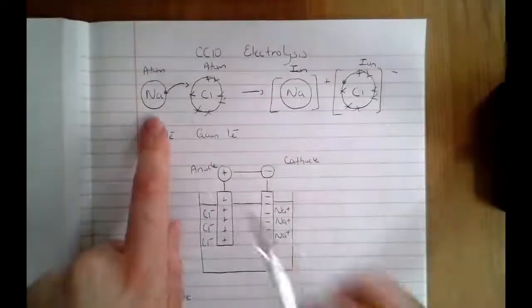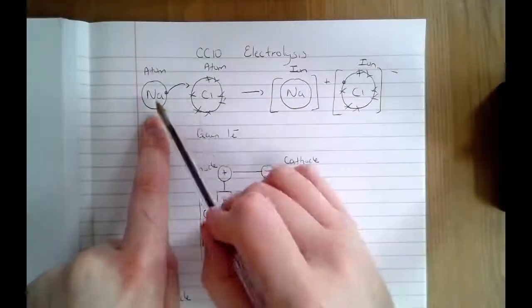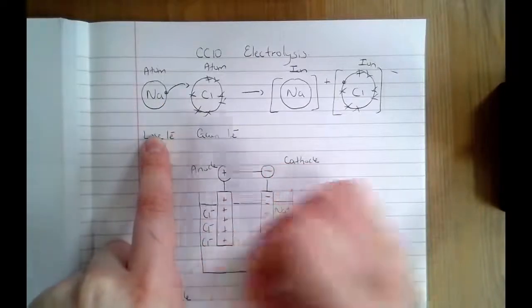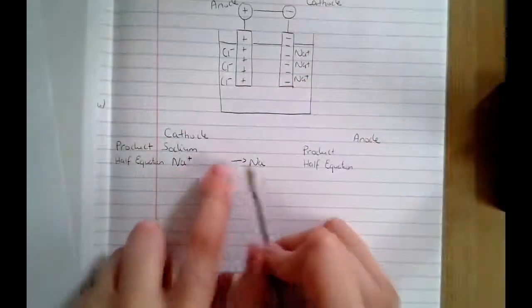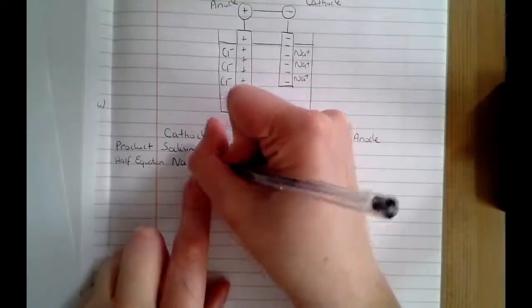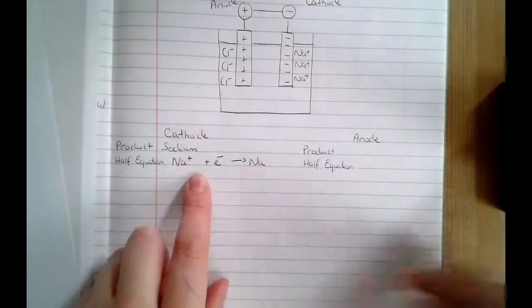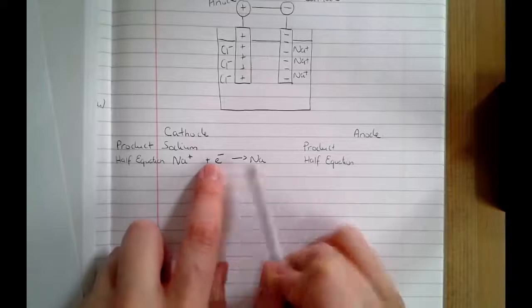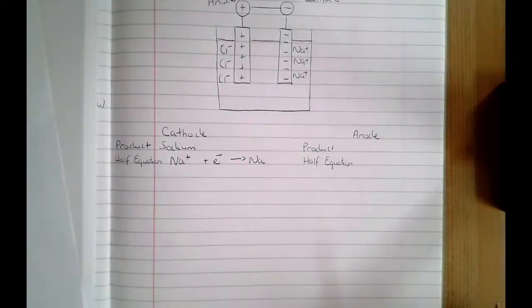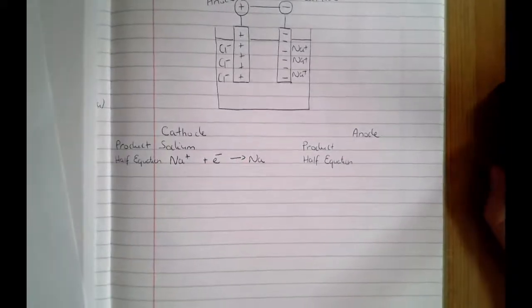In order to form the sodium ion, sodium lost 1 electron. That's why it's got a positive charge. If I want to reverse that process, I need to give sodium its electron back. If I give sodium back its electron, it ends up just being a neutral sodium atom again.